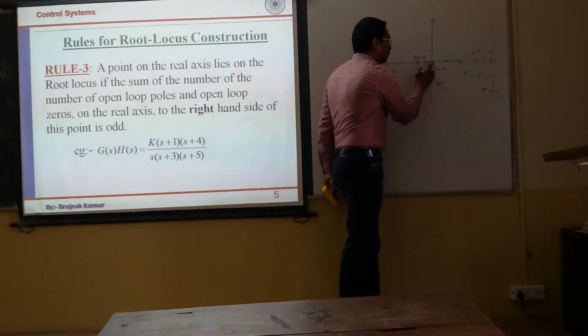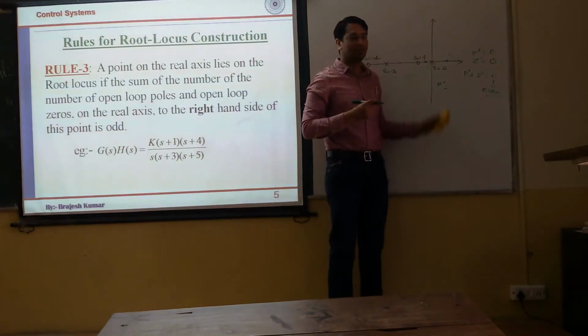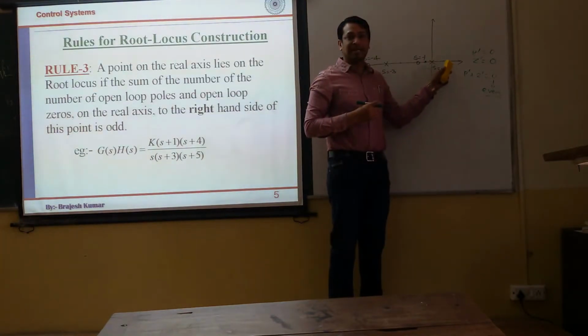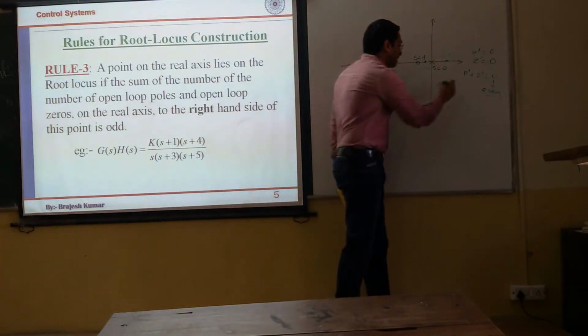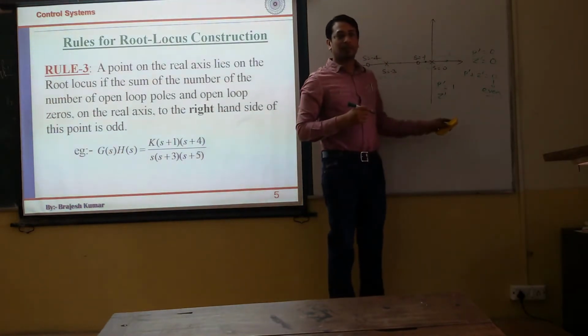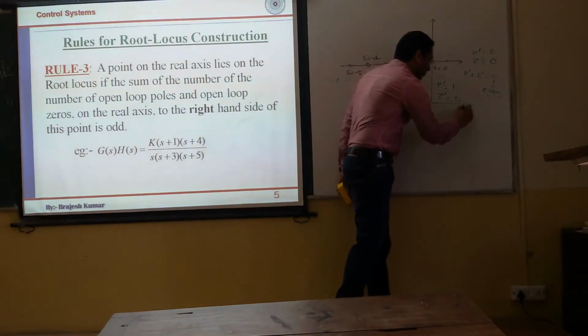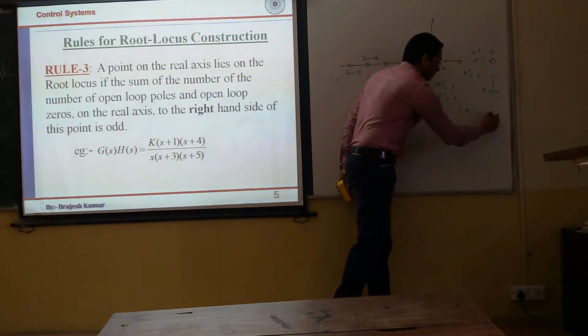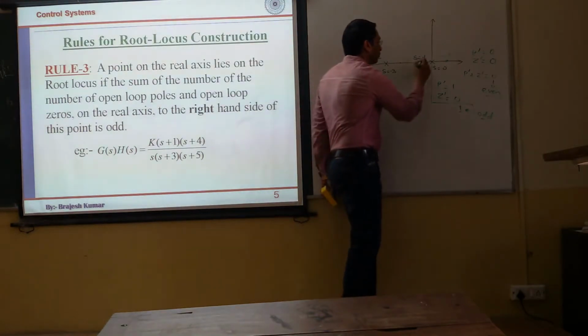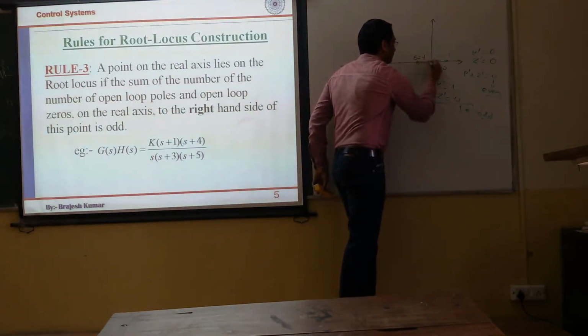P dash is 1 because at s equal to 0 a pole is there, which lies on the right side of this particular section. So P dash is equal to 1. What is the value of Z dash? Z dash is 0. So if you take the summation, you get 1, so it is odd. So this part will be the part of the root locus. So we will bold this.